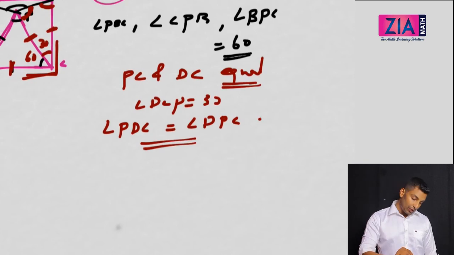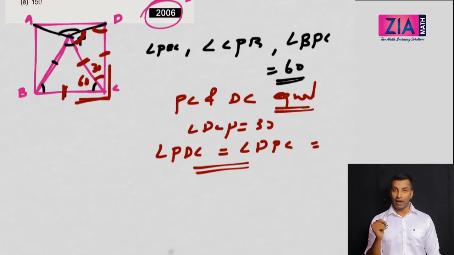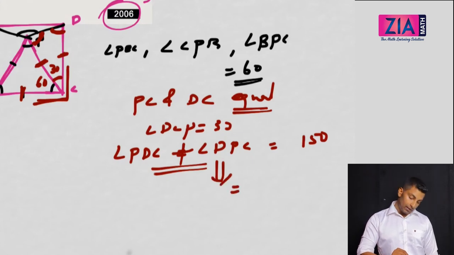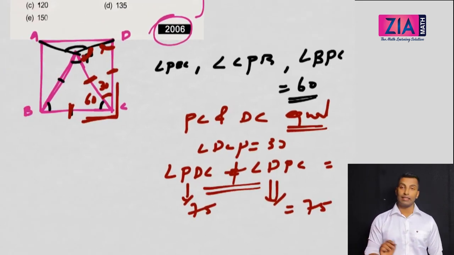Now what will be that? Sum of them will be actually, see, if you consider that triangle DPC, that is 180. Out of that we know one angle is 30. So balance these two together is 150. So both of them together if you add, you get 150. So both of them will be equal to, this is equal to 75. This will also be 75. So we get this angle and this angle as 75.